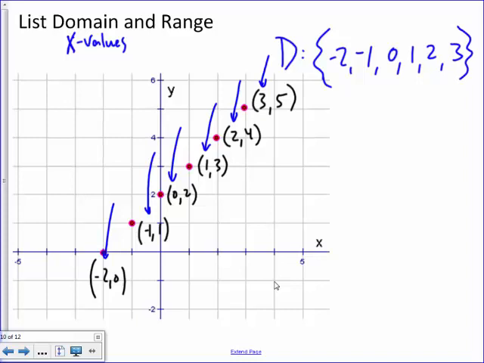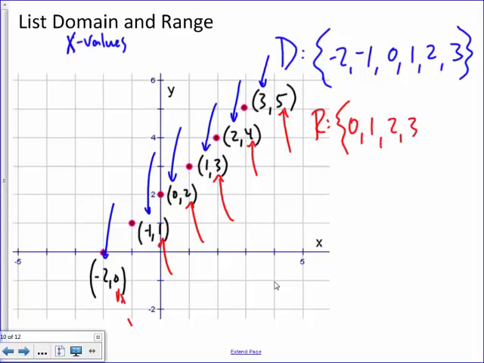Then when I do the range, all I do is I list my y values: 0, 1, 2, 3, 4, 5. So when I list the domains, I just list the x values. When I list the range, I just list all the possible y values. And in this case, it's discrete, so I just list them as their numbers.